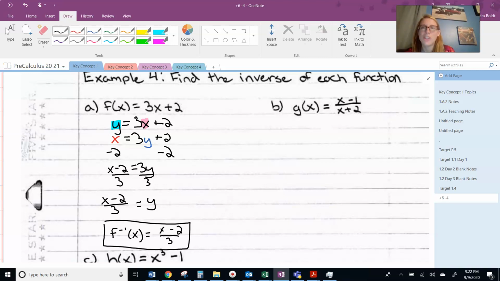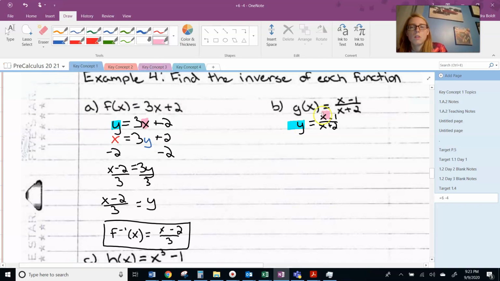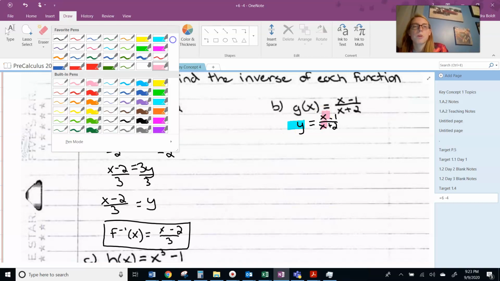Okay. Just like before, g of x is a little bit longer, but we are doing another one of these tricky ones. So again, I want to write it as y equals x minus 1 over x plus 2, and anywhere there's a y, I'm going to put an x, and anywhere there's an x, I'm going to put a y.